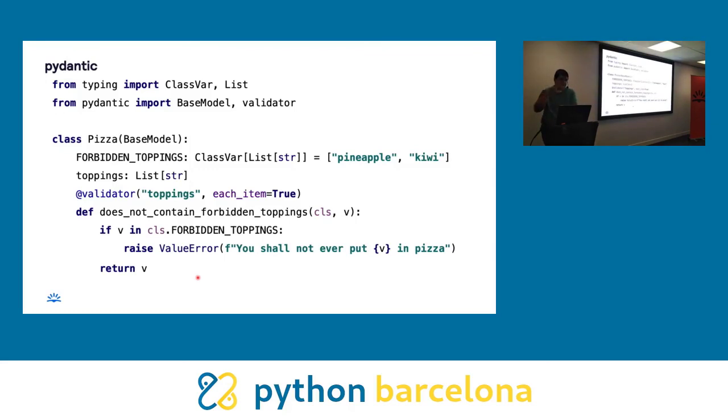So you mean having a list of lists? No. If you have two lists, like forbidden toppings and vegetarian, and they are the same type, and you're saying there cannot be a pineapple and a kiwi on the topping, but if you have other lists, like sauce ingredients, the pineapple and kiwi rule doesn't apply to this.